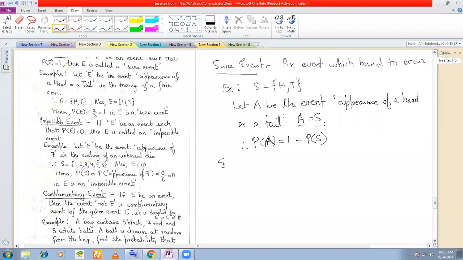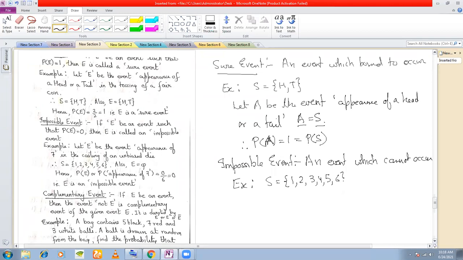Next, impossible event. An event which cannot occur, right? It cannot occur ever. For example, in the casting of an unbiased dice, this is the sample space.